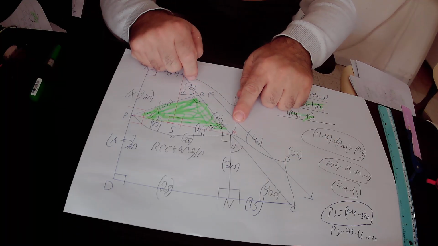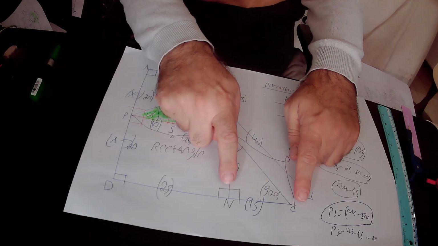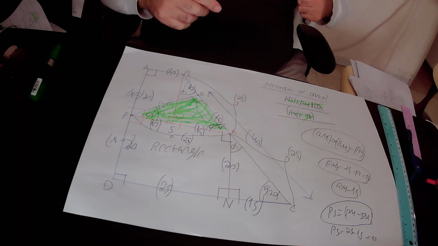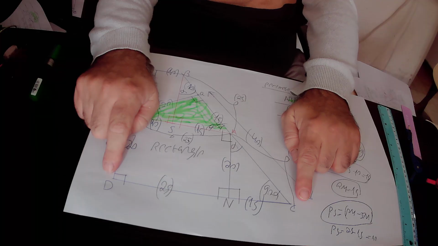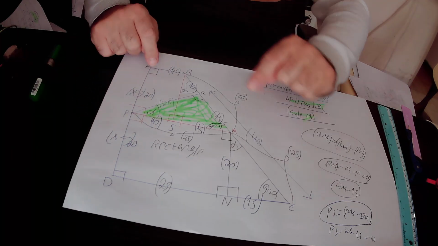But QM is 15, and therefore the corresponding side NC must be also equal to 15 units in its length. So in total, DC equals 25 plus 15, that is 40. AB is the missing side.